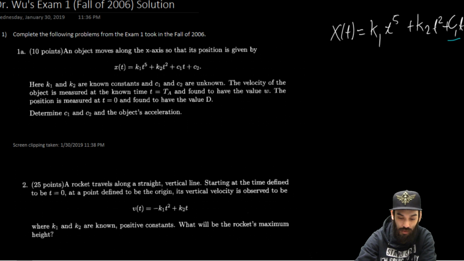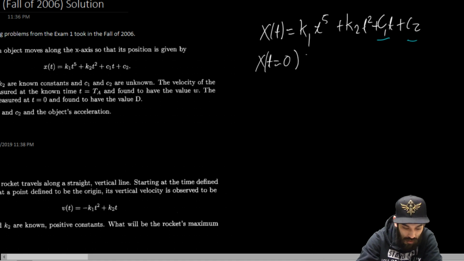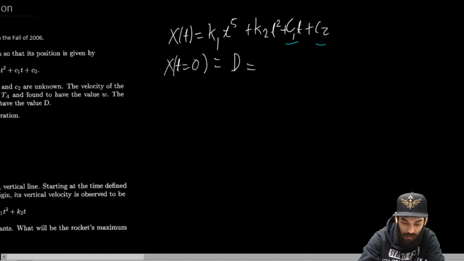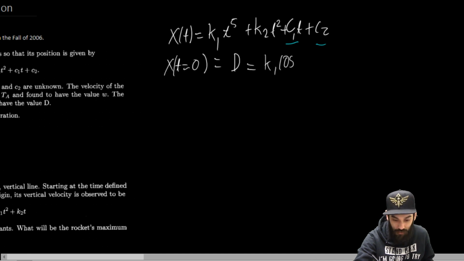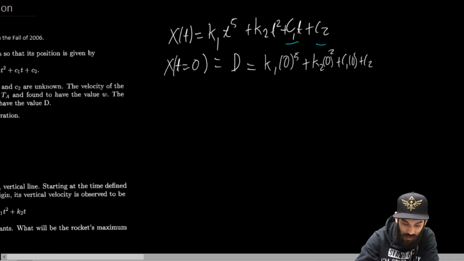And that's because we know x of t equal to 0 is equal to d, which is equal to k1 times 0 to the fifth plus k2 times 0 squared plus c1 times 0 plus c2. So this says that c2 is equal to d.